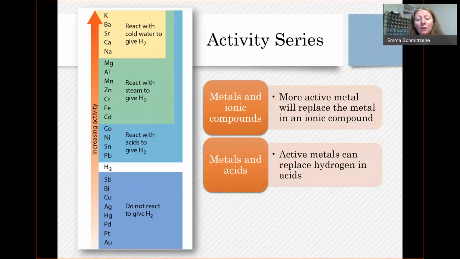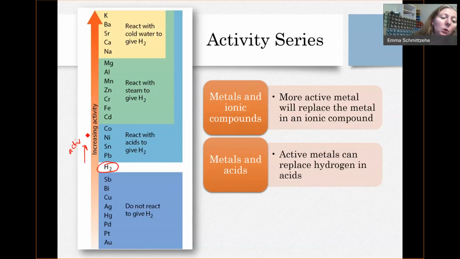Now, if you have a metal and you're reacting it with an acid, then the metals that we would call active metals would react with acids. That's everything that is higher in the activity series than hydrogen gas. So we've got hydrogen gas right here, and everything up here above it, all of these are active metals.